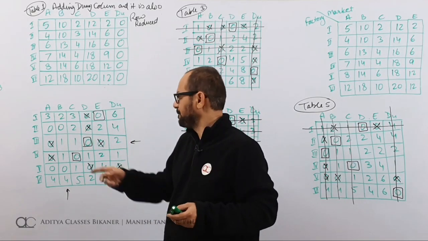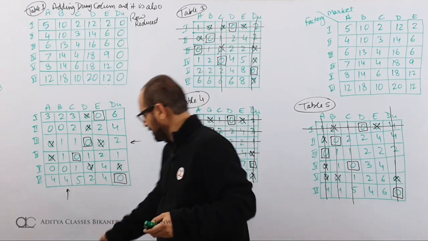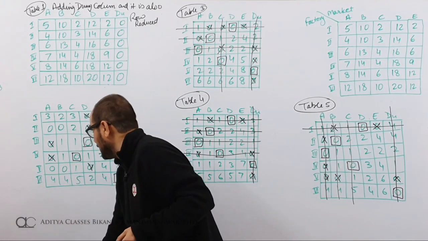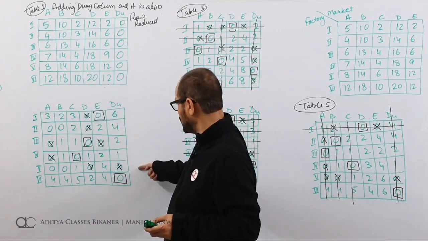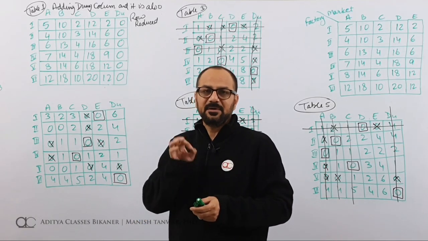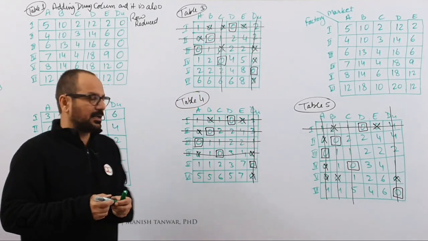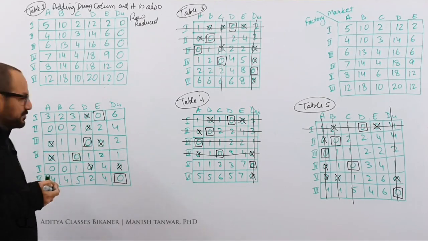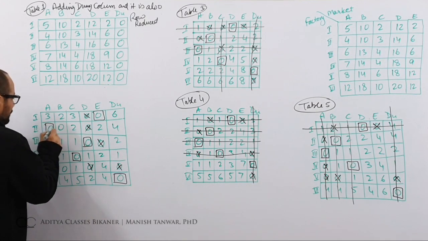You can go anywhere. You have this row. I'll remove our previous marks. We have a row and a row with 2 zeros, a column and a column with 2 zeros. This is a case of multiple optimal solutions. Now you are free to select any zero anywhere, because everywhere it is 2 zeros. I'll select this 0, thereby making it unique.